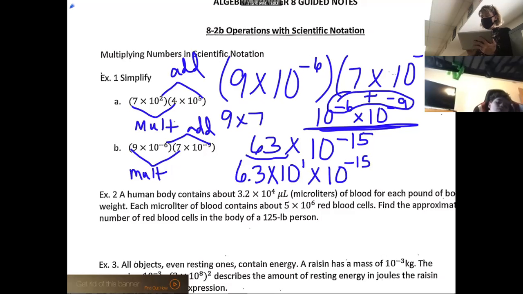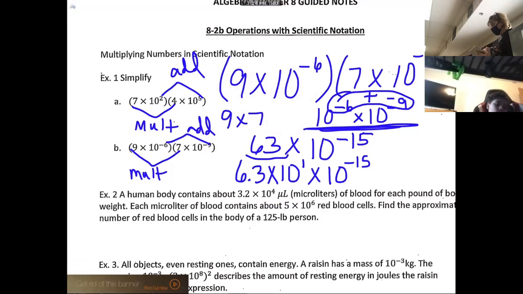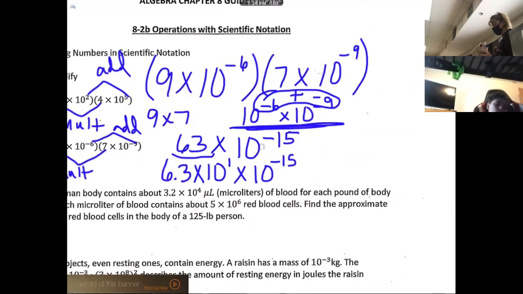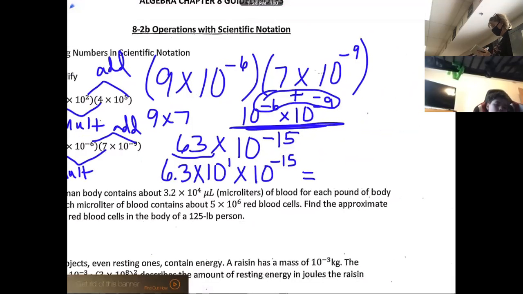But now I have a 1 and a negative 15 that I have to add. Yes, Abby. Right, so we have 6.3 times 10 to the negative 14th power.